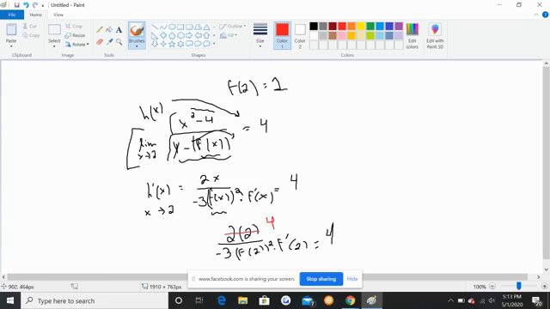And we know f of 2 is equal to 1, so this is going to cancel and become 1. And this is all going to become negative 3. So we have 4 over negative 3 times f prime of 2 is equal to 4. And we just want to solve for f prime of 2.